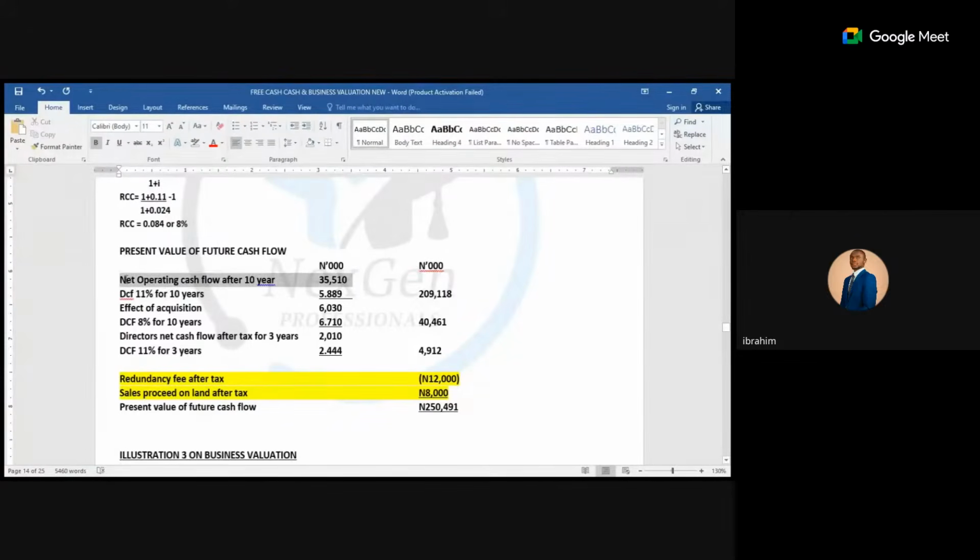We should not forget that we pick this in summary. The cash flow that we pick from the financial statement is in money terms, because it wasn't stated otherwise. So we have to discount it with the money cost of capital.